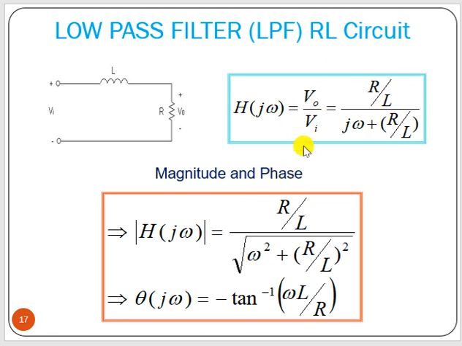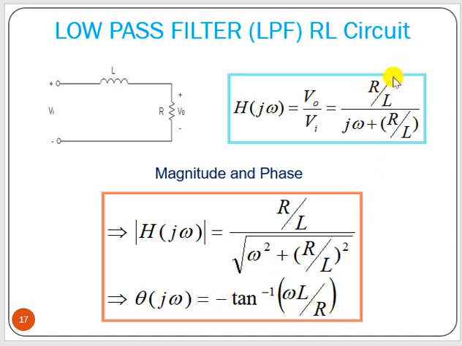Now let us find the magnitude and phase from this expression. The magnitude is R by L divided by root of omega square plus R by L whole square, and theta, the phase angle, is minus tan inverse of omega by R by L, or omega L by R. Why minus?